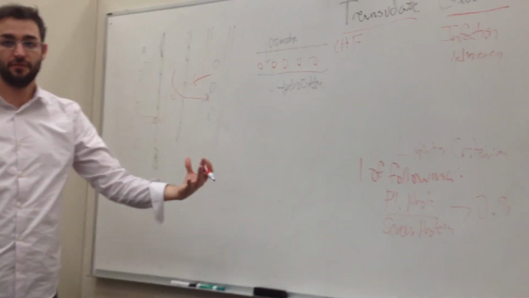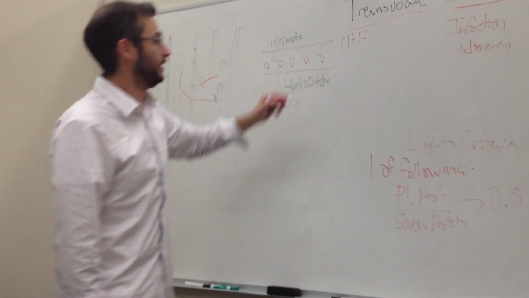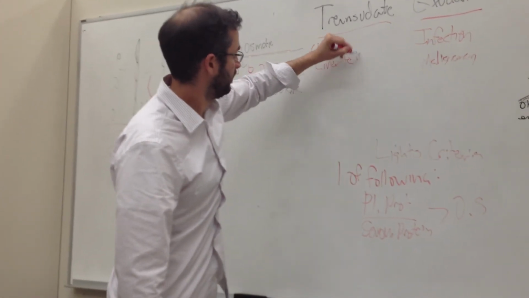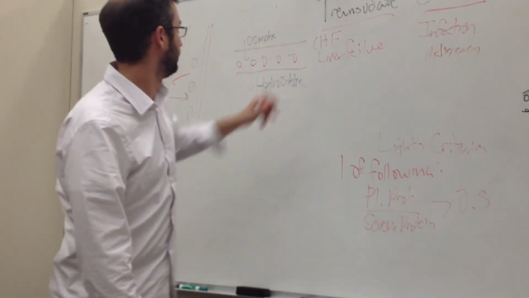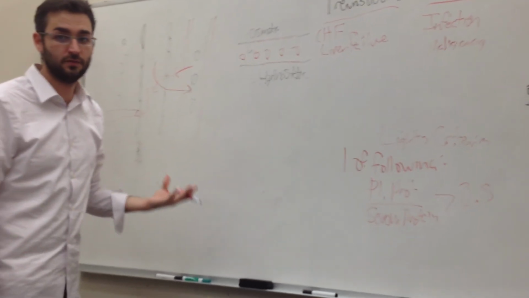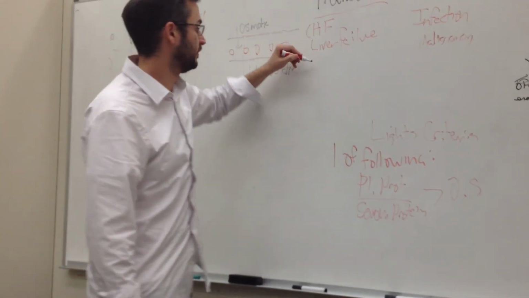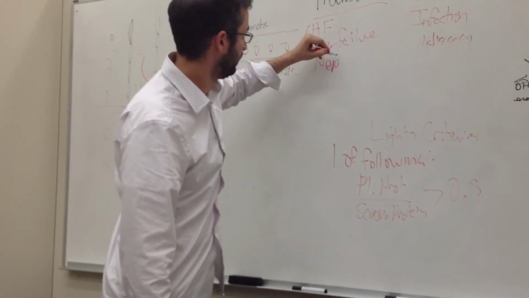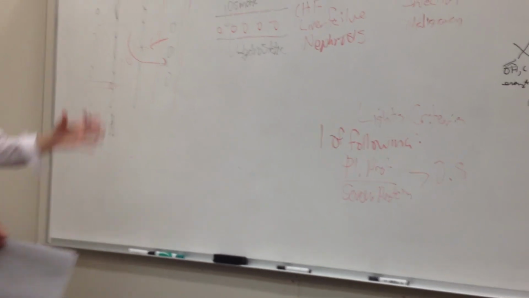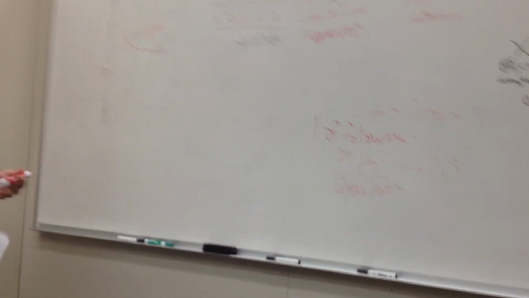Either you're not making enough of them, so we can also put liver failure here as a transudate, or you're losing proteins, possibly in the urine, so I'll just say that's nephrosis. So those are two other reasons why you're going to have a transudate effusion.